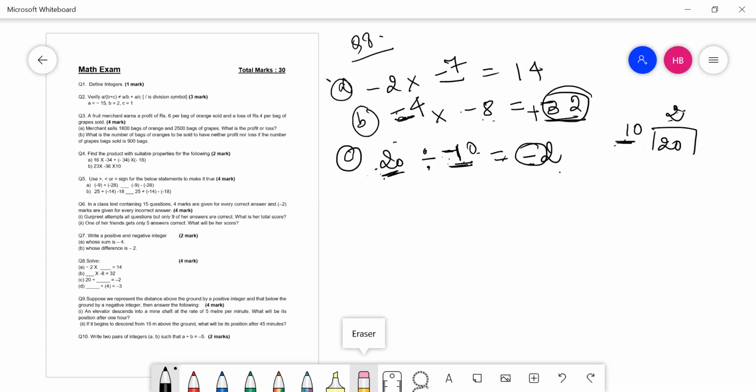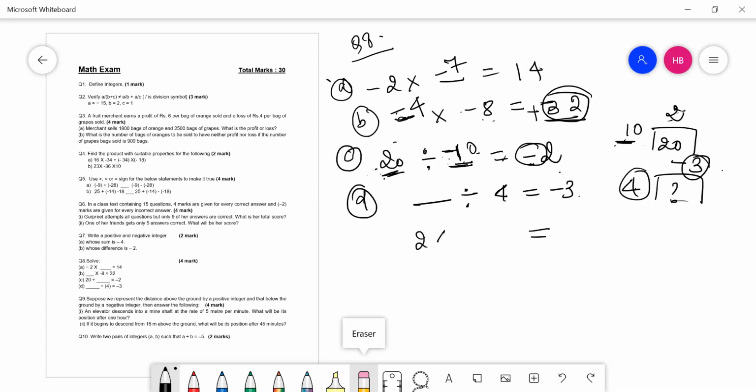Now let's see the D part. The D part tells me that blank divided by 4 should give me -3. Okay, so what number should I write here so that I get -3 as an answer? 4 threes are, I know, 4 into 3 is 12, so I'll get 12 here, sorry, 24 for the stated question.